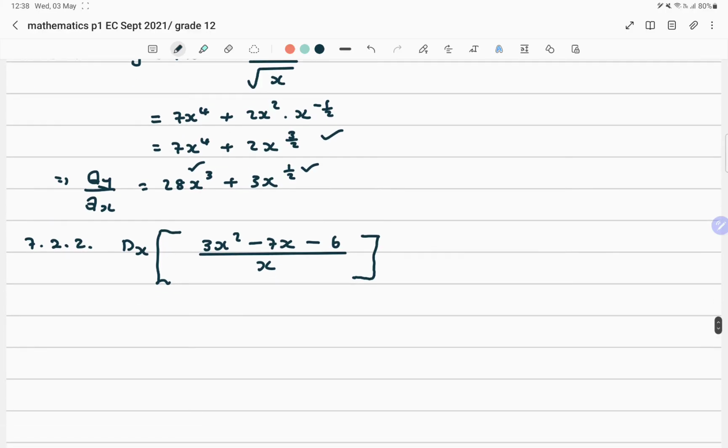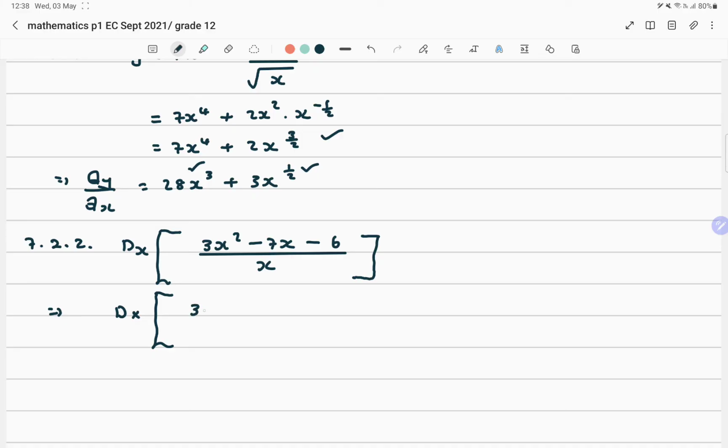Now when you deal with this one, you just continue working things out. What can you do here? Well, the simplest, because we won't be able to find a common factor, is to divide each term by x.